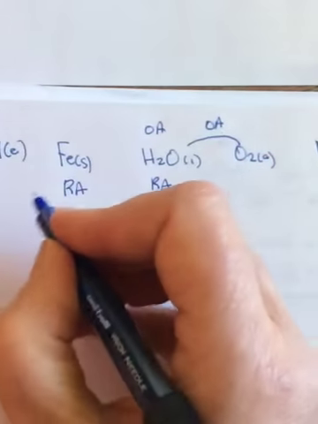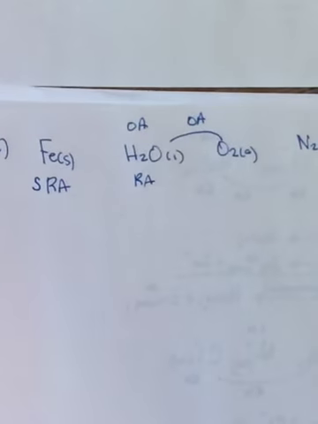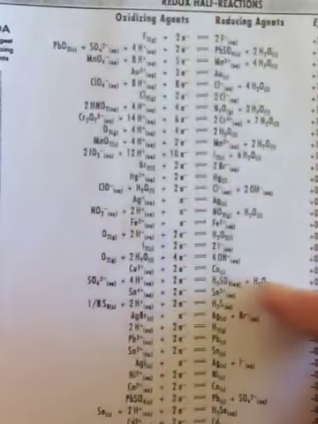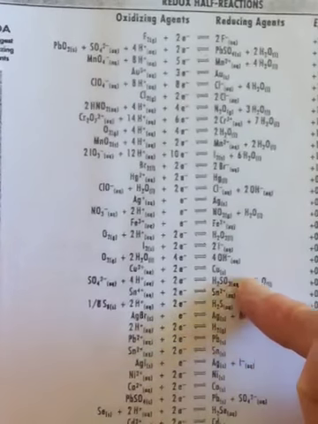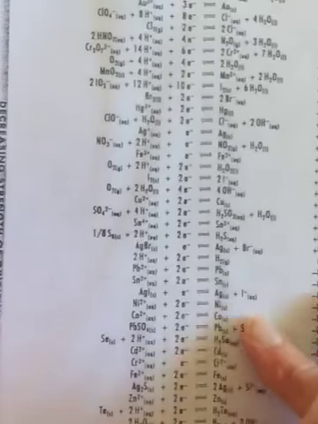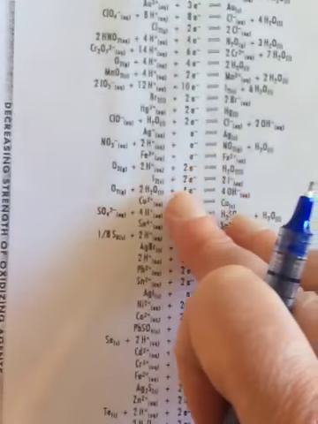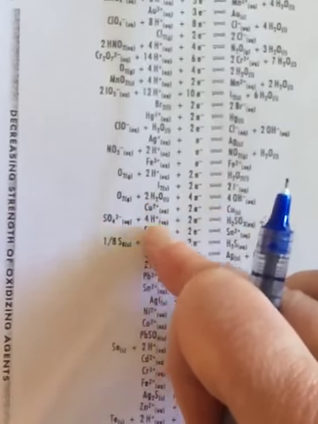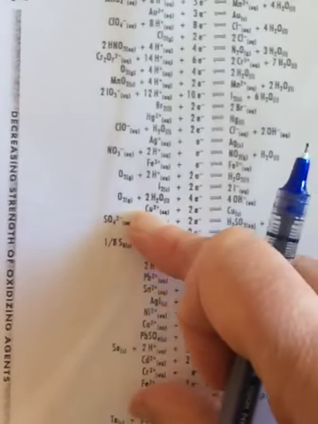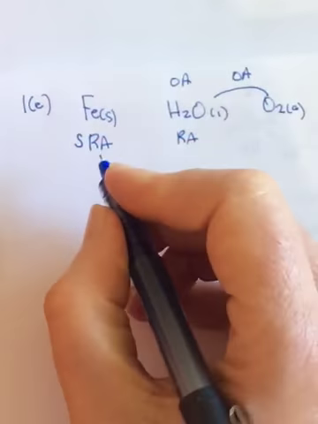When we look to see which one is stronger, it will be the iron for the reducing agent by far, because it's way down here somewhere. Where'd you go, iron? There it is. And the water's up there. And when you look for the oxidizing agent, it's going to be the oxygen because the water's down here. Okay, so we write our two half reactions.